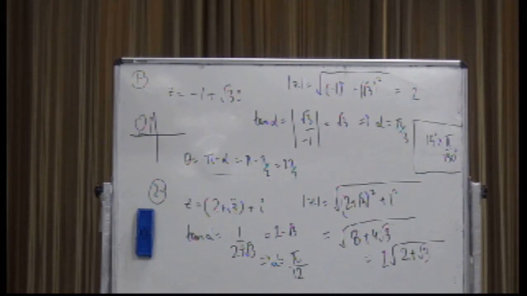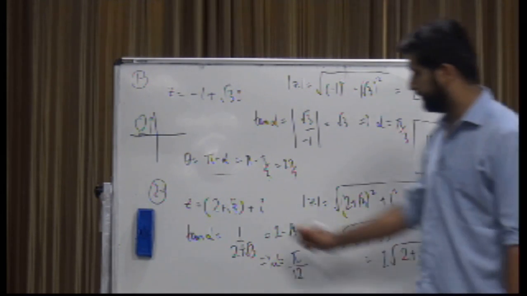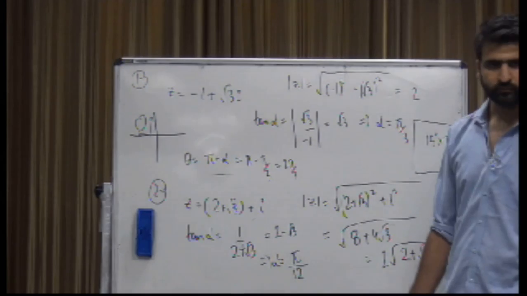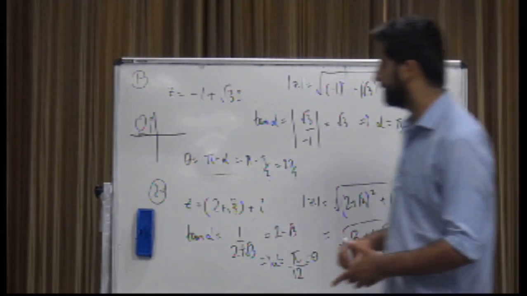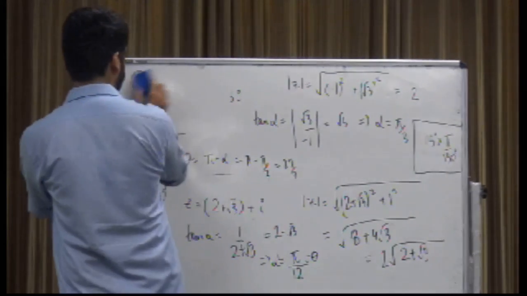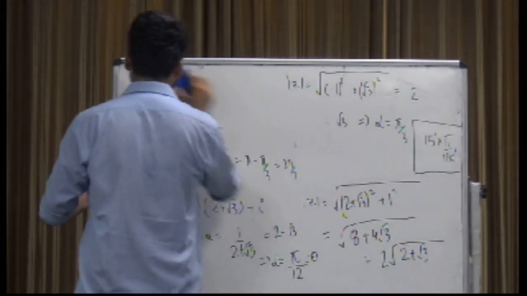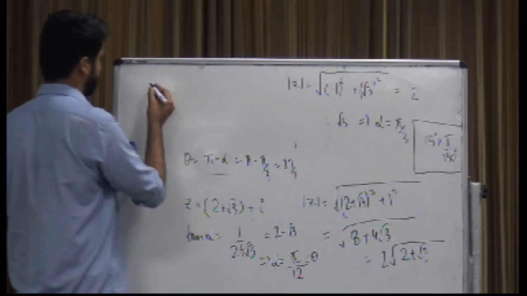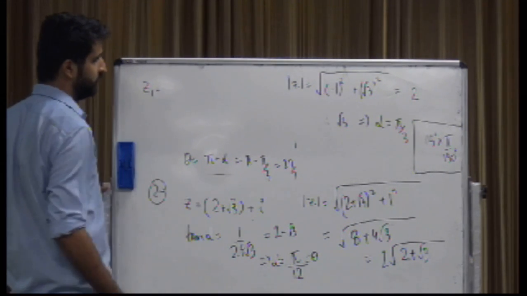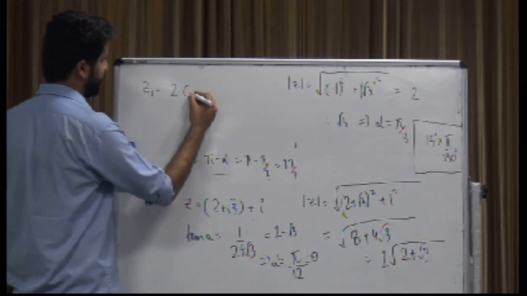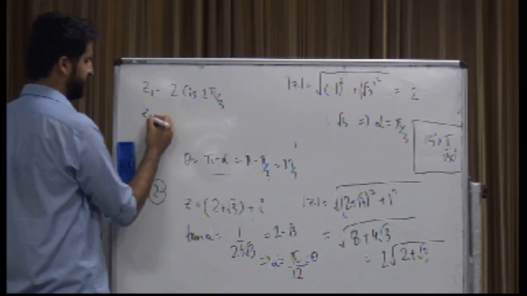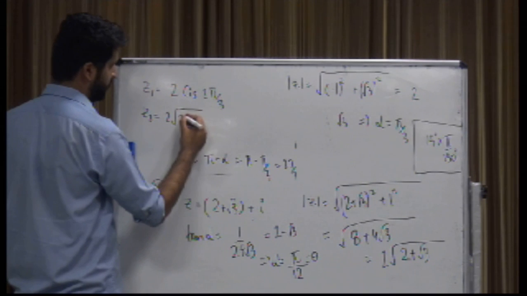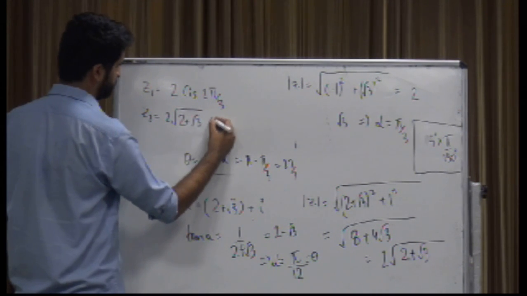So this is angle alpha. In which quadrant is this? First quadrant. So this is also equal to theta. Okay. So in both the questions, can you now write the two complex numbers in polar form? Yes, sir. So Z1 will be equal to 2 cis 2 pi by 3 and Z2 is equal to 2 under root 2 plus root 3 cis pi by 12.